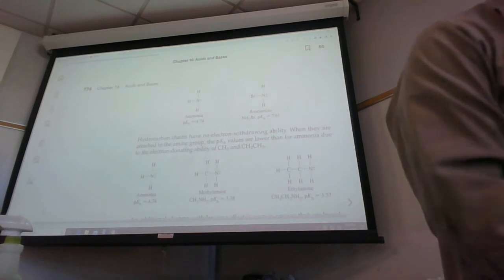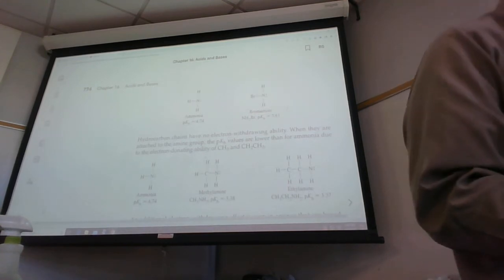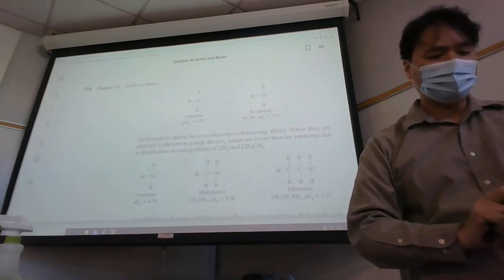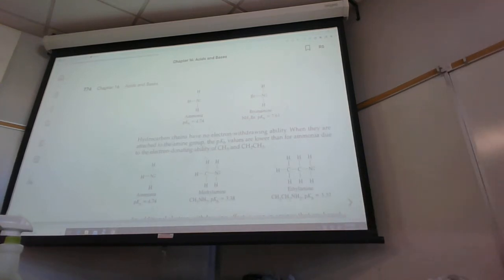And so, oftentimes, people express the Kb's in terms of pKb's, even though that requires an extra step. We have to do an extra step here to convert it into Kb, which is kind of a hassle. But the advantage of expressing things in terms of power functions is it takes up less space. We don't have to write scientific notation.